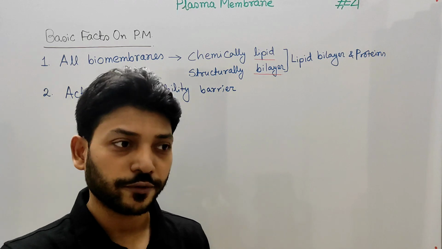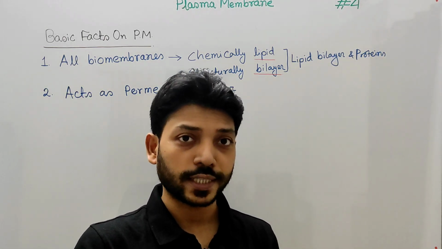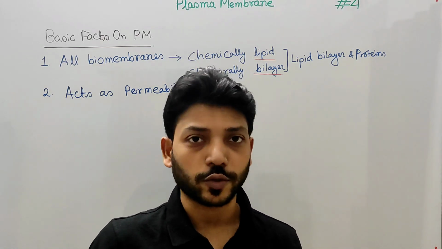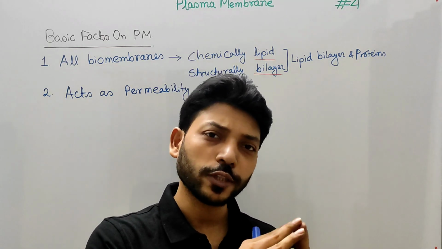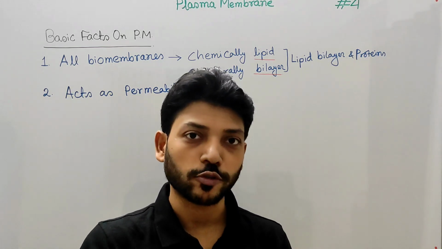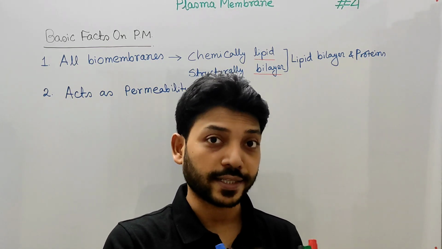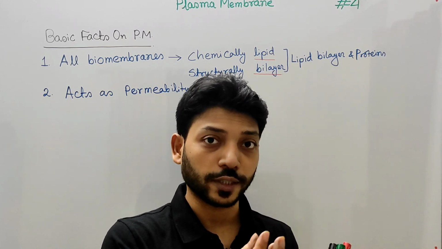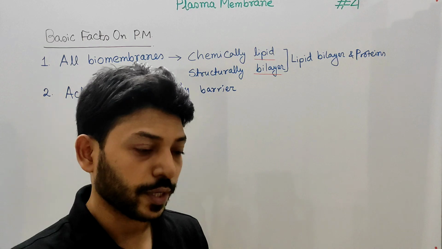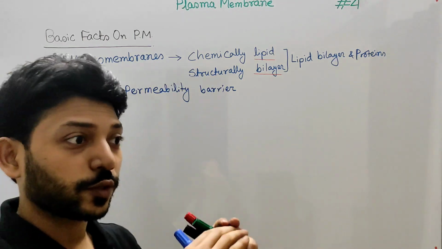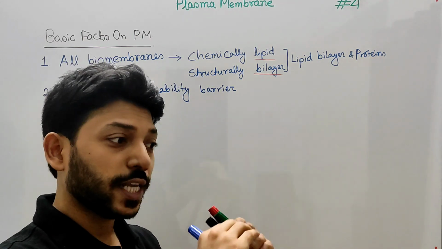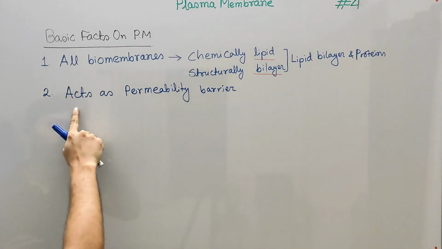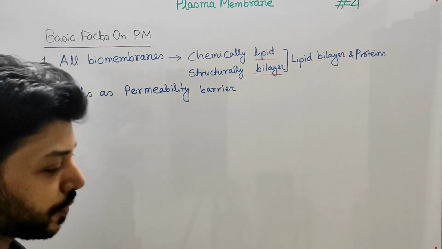I have mentioned in my previous video that most of the intracellular organelles in the eukaryotic cells like nucleus, endoplasmic reticulum, Golgi complex, mitochondria, chloroplast, endosome, lysosome, peroxisome, all these intracellular organelles are also surrounded by membranes, and these membranes also act as a permeability barrier so that the content or the chemical composition of the organelles differ from the cytoplasm. And it is also true for the plasma membrane, so the inside of the cell or the cytoplasm is chemically different from the outside environment. So the second important point is it acts as a permeability barrier.